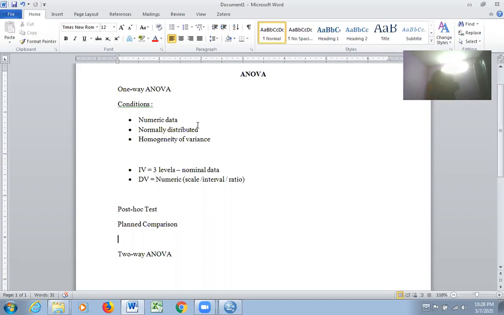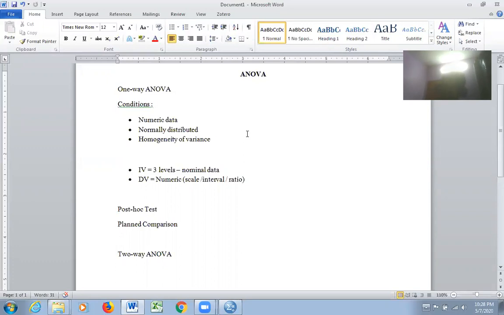Now, apart from these two, you have to see whether the three groups of respondents have equal variance in respect of the dependent variable. So variance should be equal among the three groups. If these three conditions are fulfilled, then you can think about conducting ANOVA.